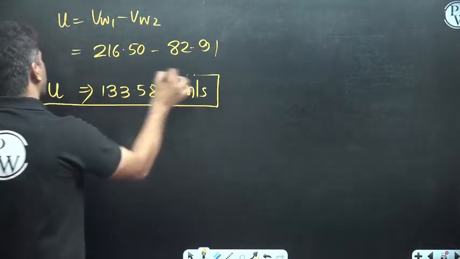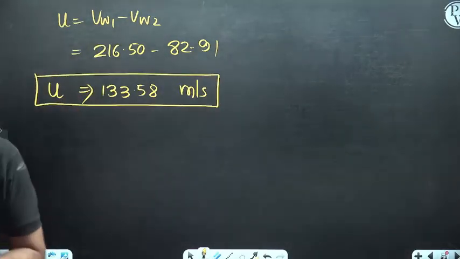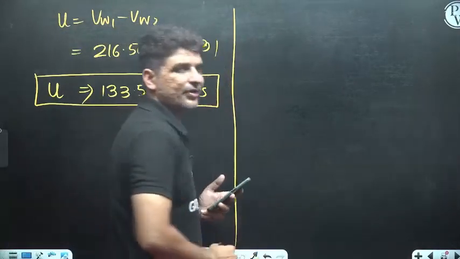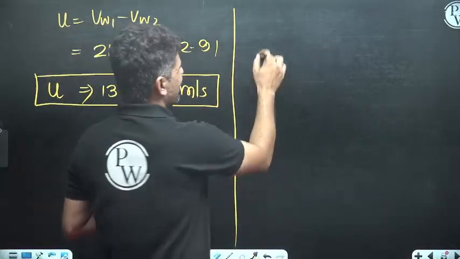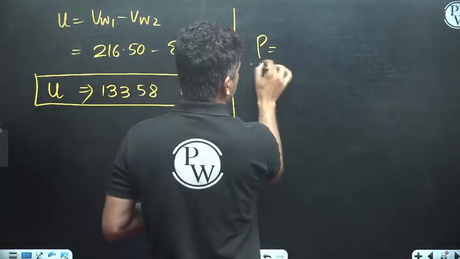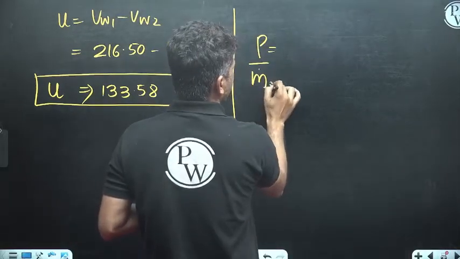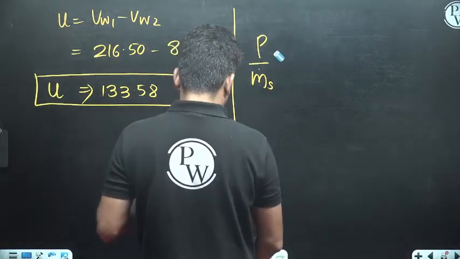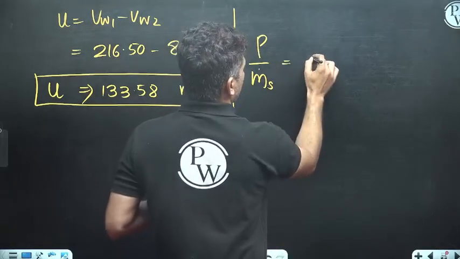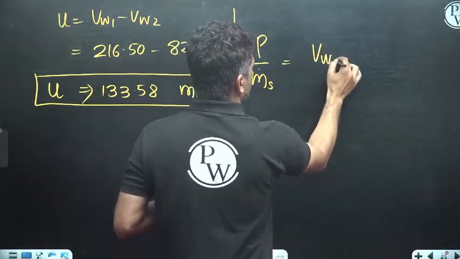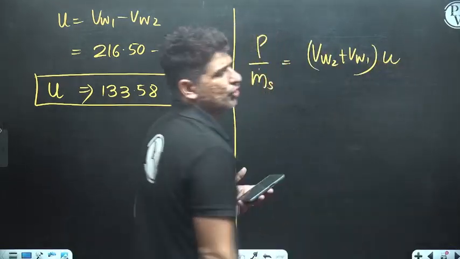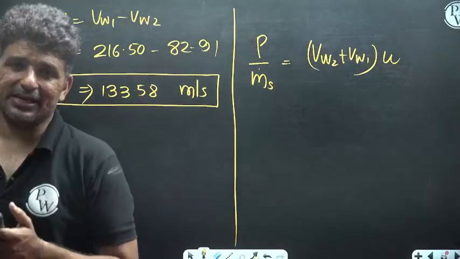Understood? Is it clear to everyone? Okay. So now you have calculated U and you have calculated VW1, VW2. You can calculate power. So power per kg of the steam flow will be equal to VW2 plus VW1 multiplied by U. Is it clear?